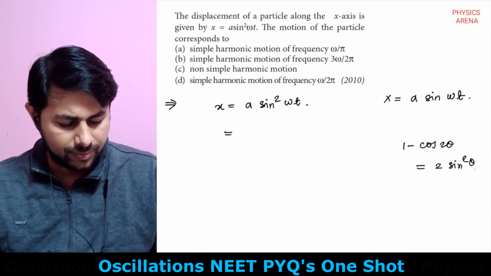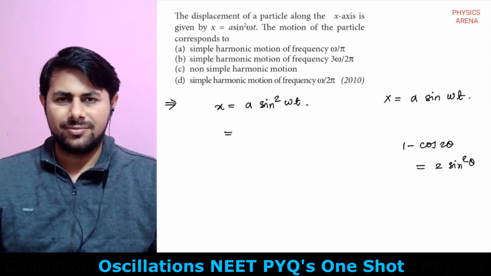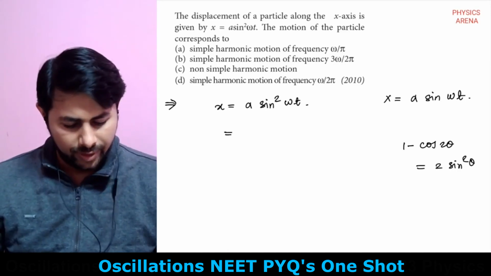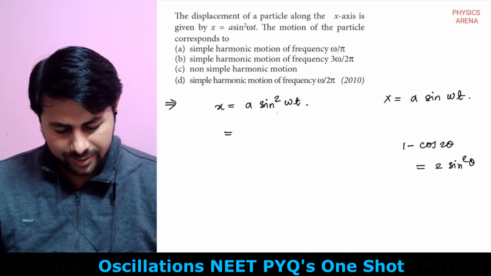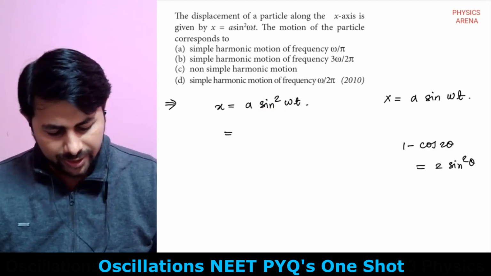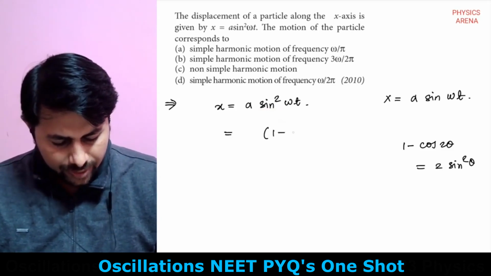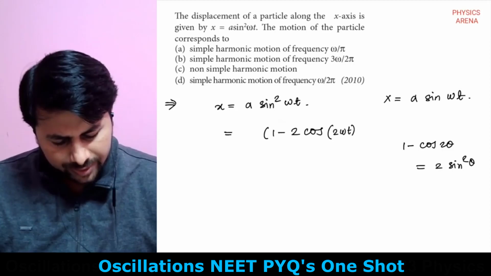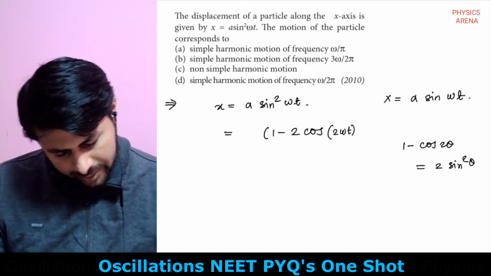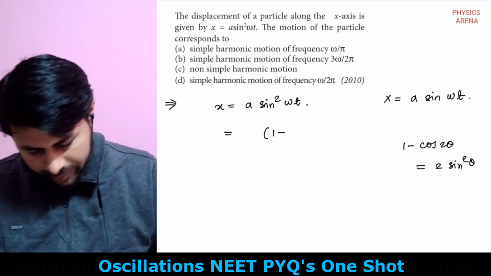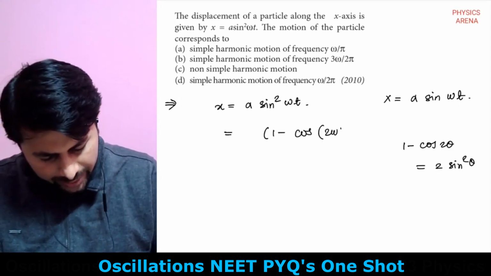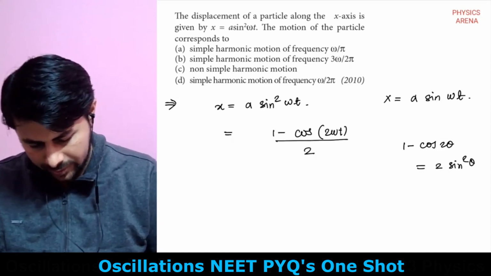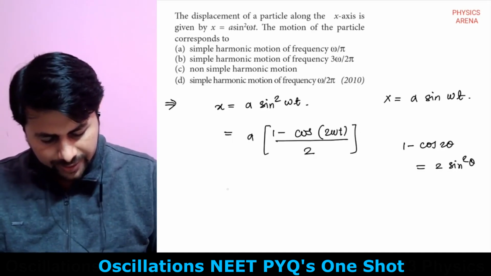Therefore sine square omega t can be written as 1 minus cos of 2 omega t, divided by 2, and multiplied by this a.